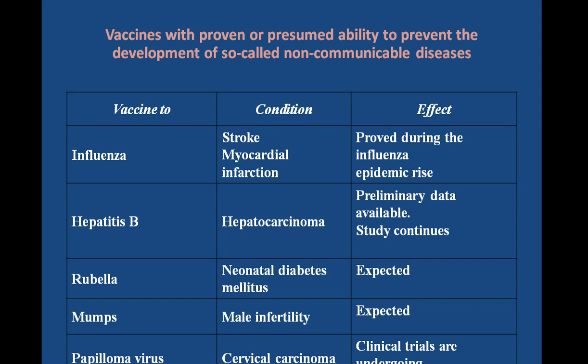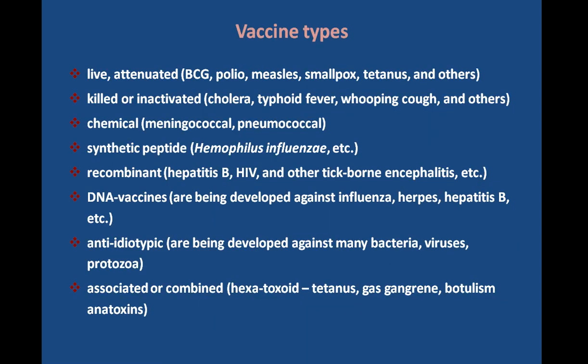Clinical trials are undergoing. There are a lot of different types of vaccines: live vaccines, killed or inactivated vaccines, chemical vaccines, synthetic peptide, recombinant vaccines, DNA vaccines, idiotypic vaccines, anti-idiotypic vaccines, associated or combined vaccines.